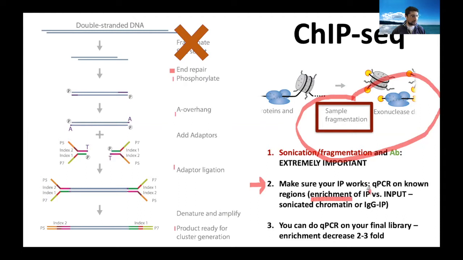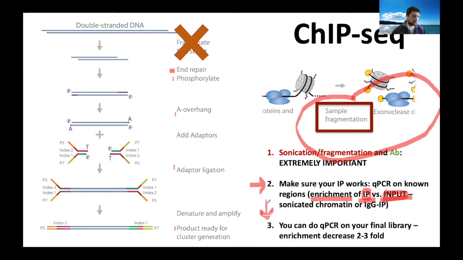So you do the qPCR on the IP DNA and on the input. But again, you should normalize the amount of DNA before performing the qPCR. Otherwise, you cannot compare the two qPCR results. And you can do that on your final library, okay?